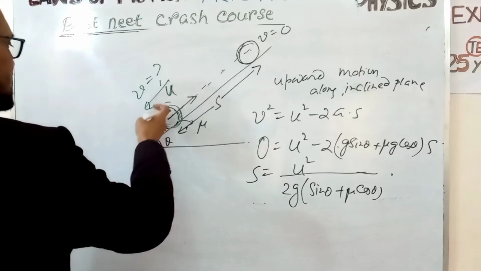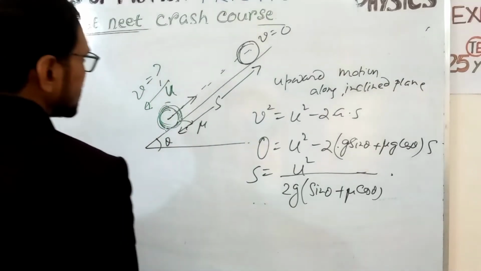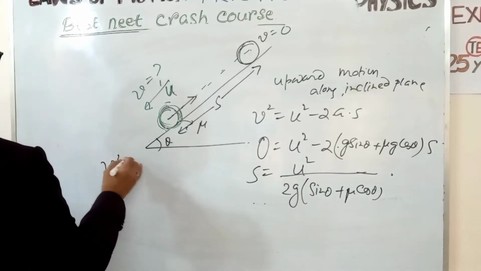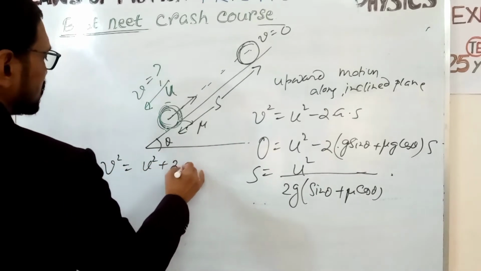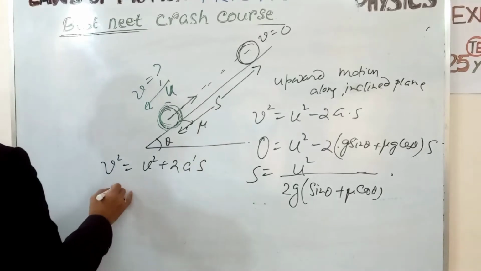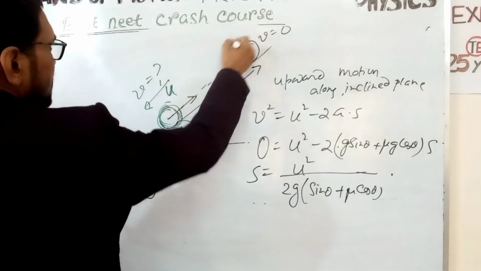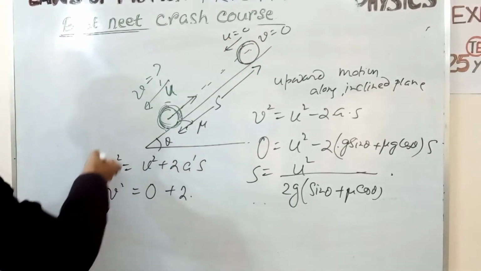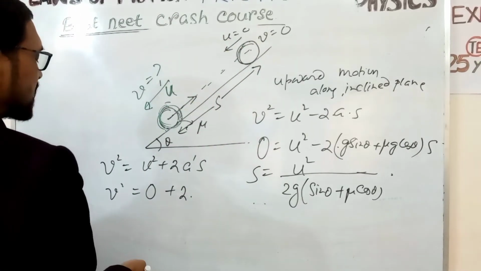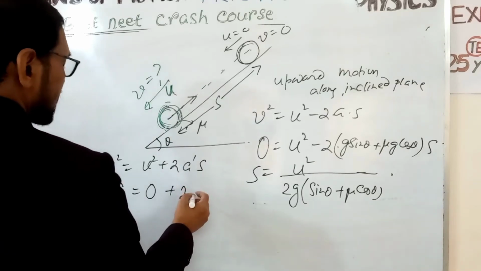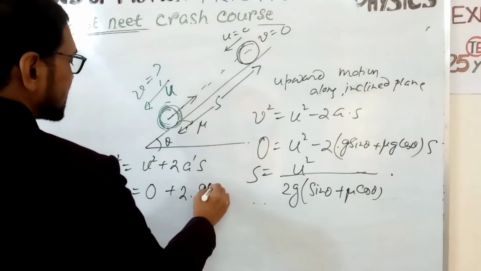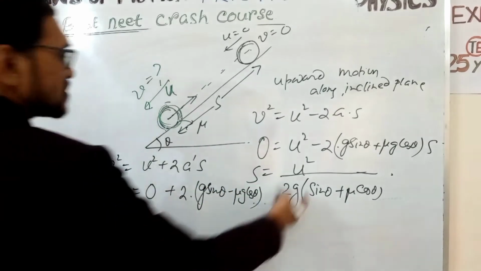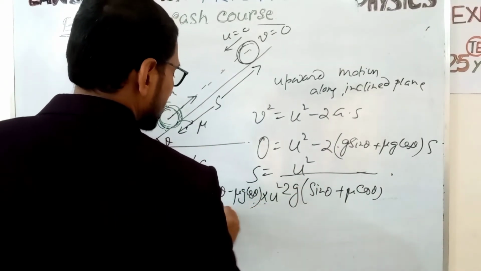Now when the body returns to its initial position, what is the velocity? Use the equation v squared equals u squared plus 2a's, where the initial velocity is 0, so v squared equals 2a's. When the body moves downward along the inclined plane, acceleration equals g sin theta minus mu g cos theta, and for s put u squared divided by this.